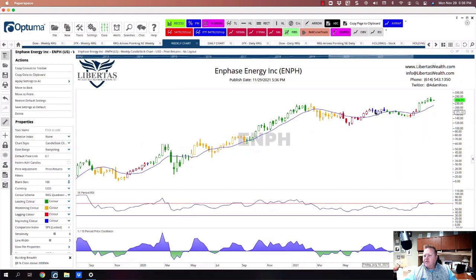So here we can see this is blue, so it's in the improving quadrant here, but then it kind of started to fail. And then here it's in the, let's see here. So now we're starting to see it heat up, right? And then as it improves and heads into the leading quadrant, now it's red, which I think it's red anyway.